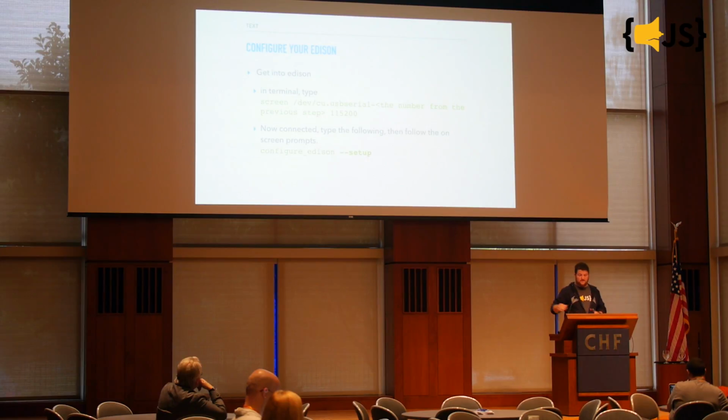So this next step, configure_edison --setup, is going to enter you into a workflow where you can add your Wi-Fi network information to the Edison, so the Edison can connect to the outside world. And you can configure your Edison board with a name. You can name it and give it a password to kind of lock down dev access to the chip.